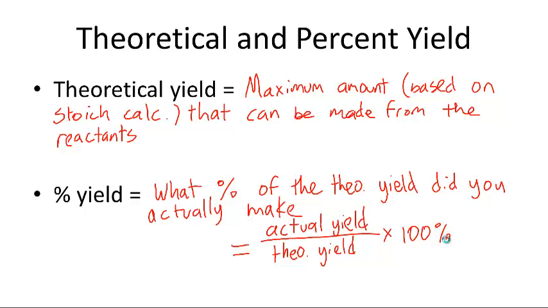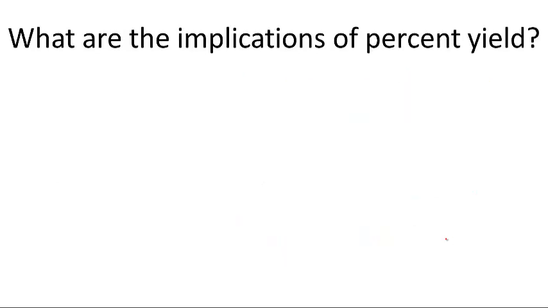So what does this imply about the reaction? What if I have a really high percent yield? What does that mean? In our sandwich shop, if we get a high percent yield, what would that mean about our employees? That means they did a really good job. So a higher percent yield means a more efficient reaction.